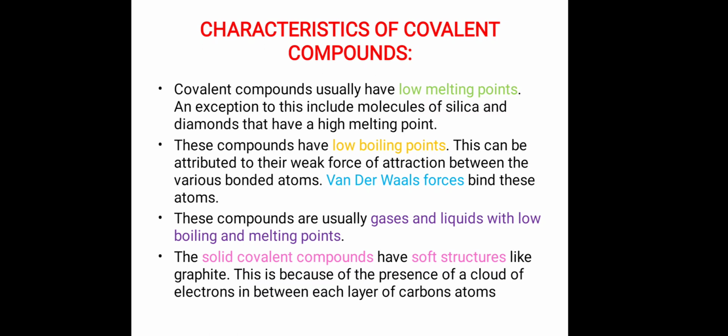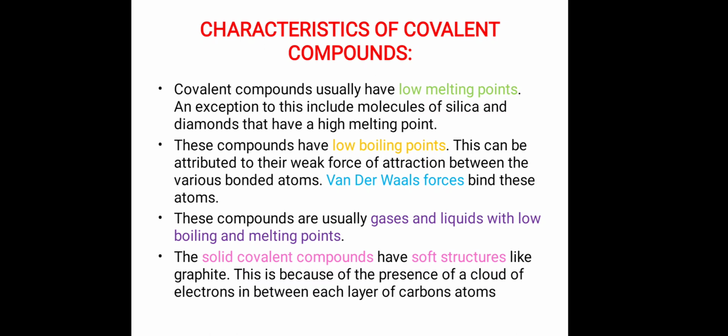Characteristics of covalent compounds. Covalent compounds usually have low melting points. Exceptions include silica and diamond, which have high melting points. The low melting points can be attributed to weak forces of attraction between the molecules, like van der Waals forces.